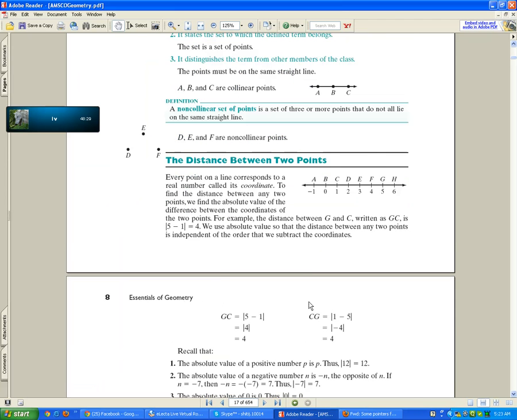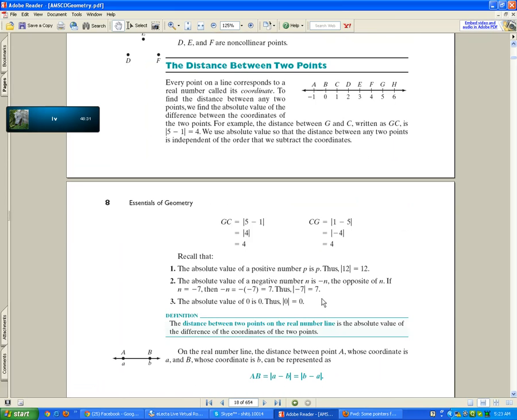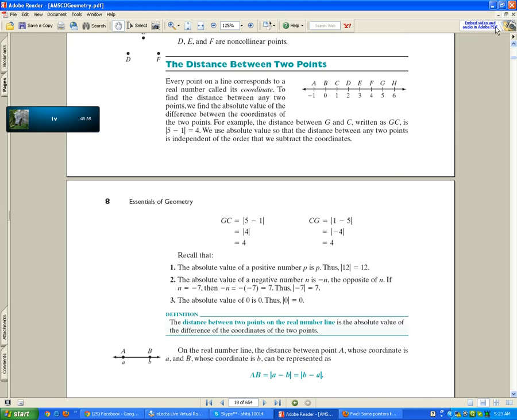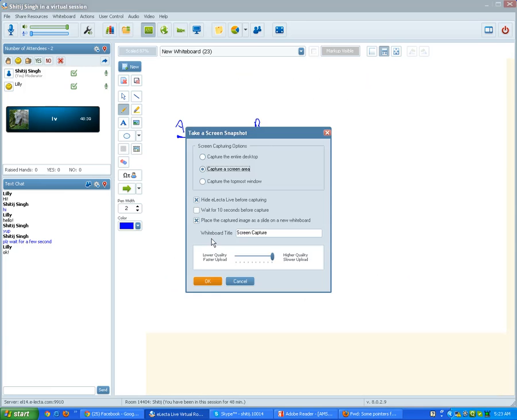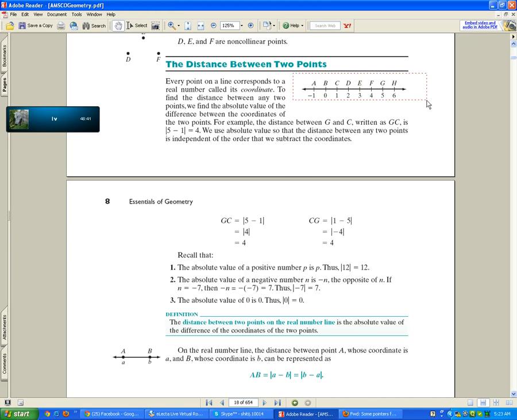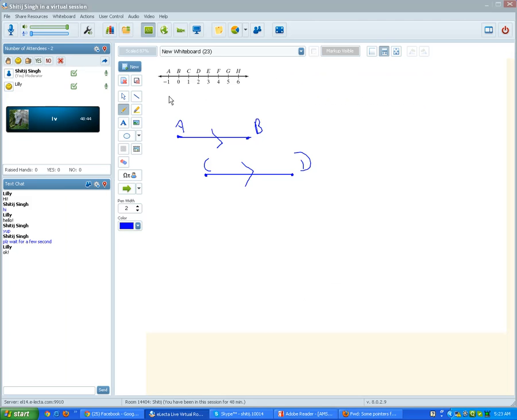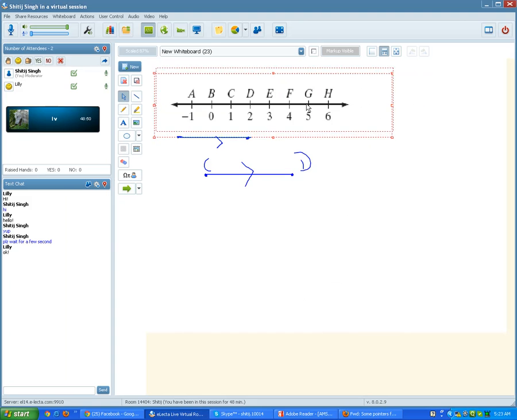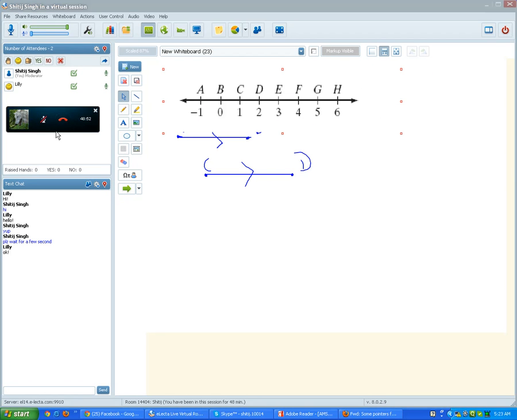Okay. Now the distance between the 2 points. How to calculate the distance between the 2 points when they are arranged on a number line. So if you have a number line like this, is it visible?